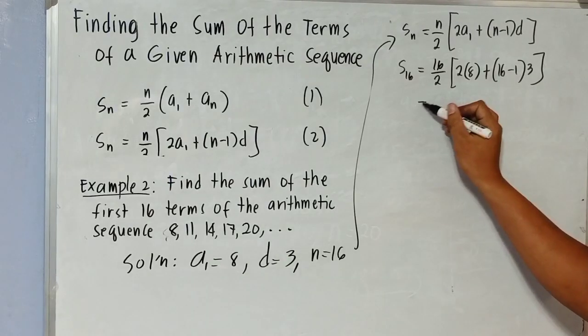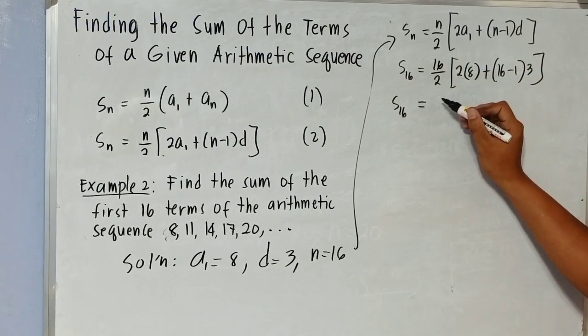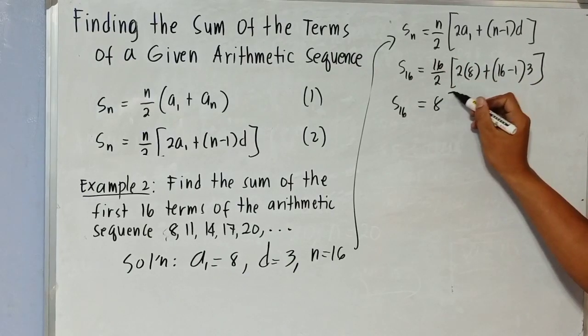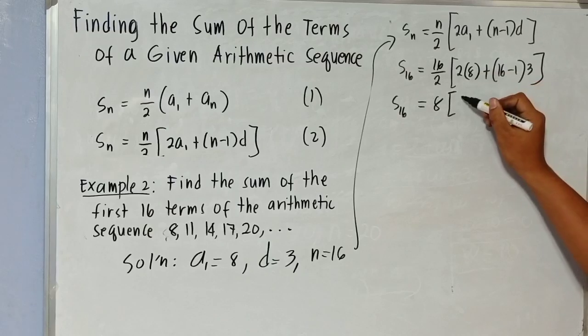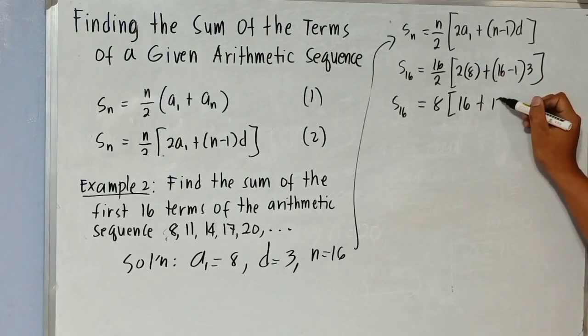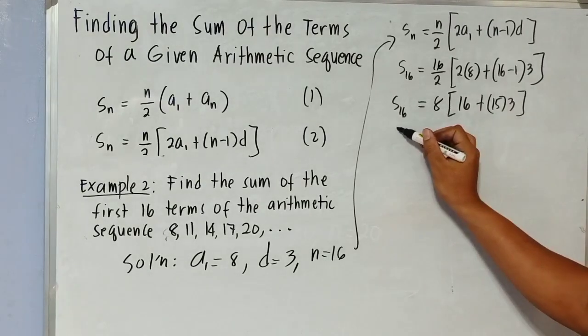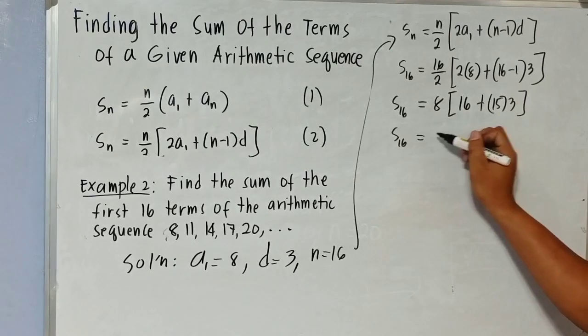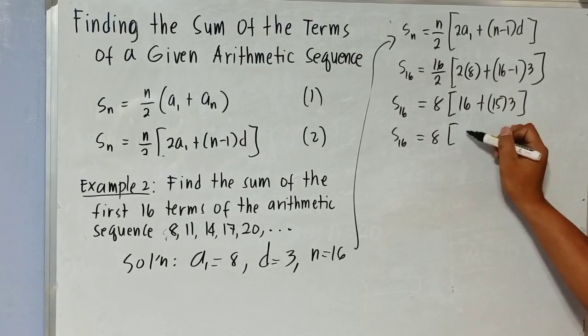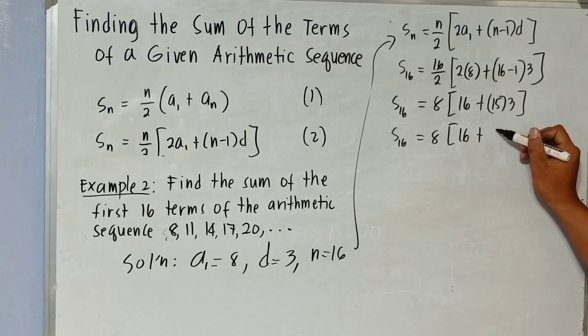Okay? 16 divided by 2, that's 8. 2 times 8, that is 16. Plus 16 minus 1, that is 15, times 3. Okay. S sub 16 equals 8 times 16 plus, multiplying 15 and 3, that is 45.